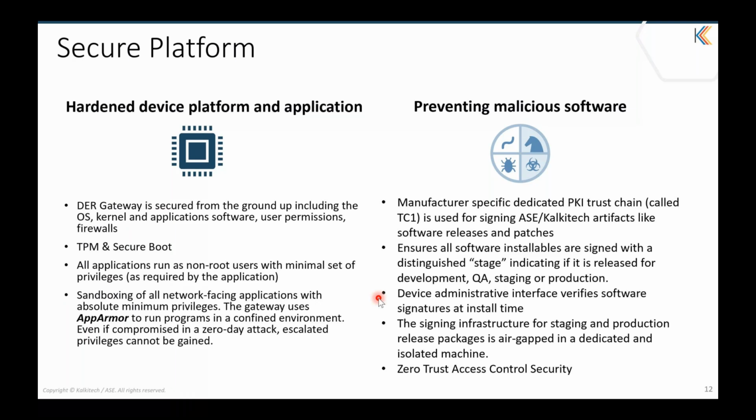The hardware variants which we have support different levels of security, including hardware security with a trusted platform module and a secure boot, which ensures that only approved software will be loaded into the device, and only approved software can be deployed and installed in the device. If any software has been replaced by malware, the device will immediately not be functional.